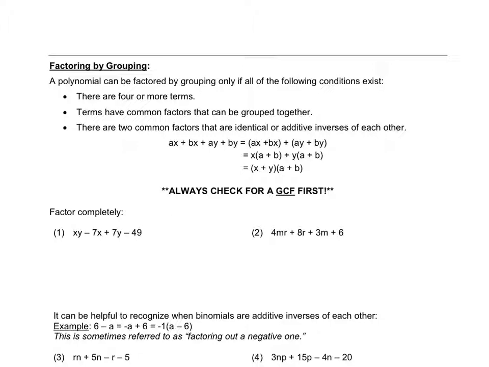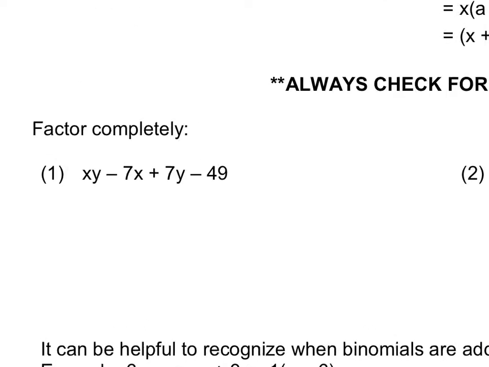Alright, so if we take a look at example 1, you can see here that if you look at the first two terms, I'm going to just draw a little partition here. If you look at the first two terms, you see that there's a common factor, a GCF, of x.